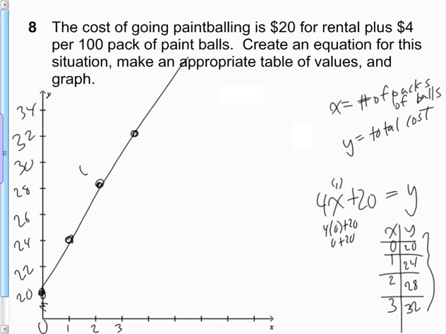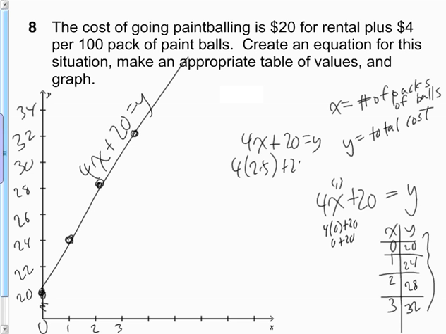So to write that out again, every point that fits on here is this. Now keep in mind, if I bought 2.5 packs of balls, right? Taking my equation, if I bought 2.5 packs of balls, I would put 2.5 there. That would cost me $10 for paintballs, plus $20 for rental, that's $30.